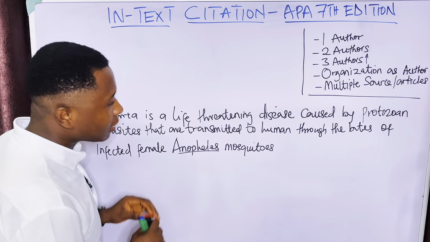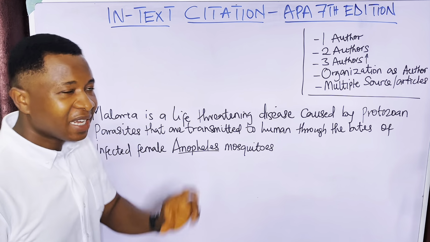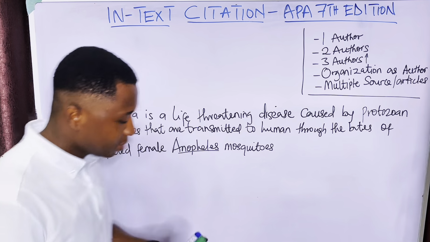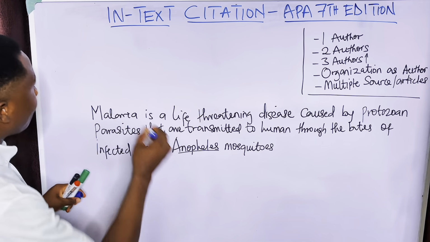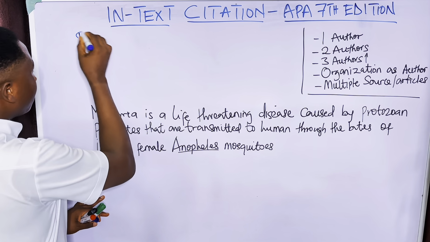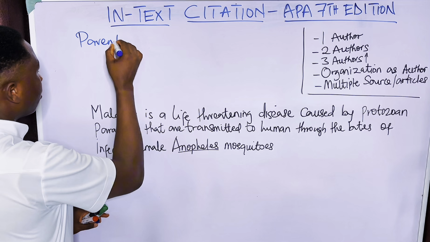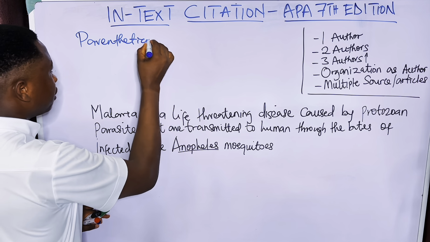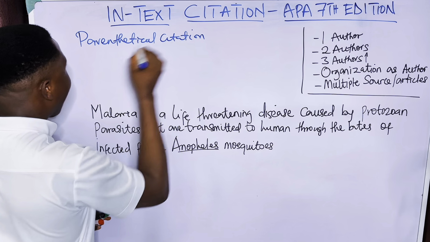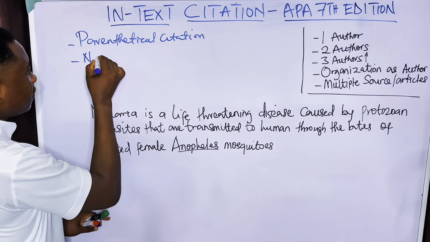But before we go into that, I would love to divide in-text citation broadly, for the sake of this video, into two parts. We have the parenthetical citation and the narrative citation.